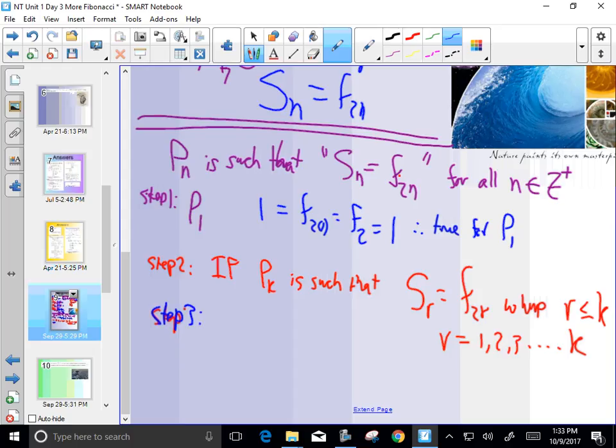Step 3 is where we do the S of r plus 1. And that should be equal to S of r plus the next term, f of r plus 1.